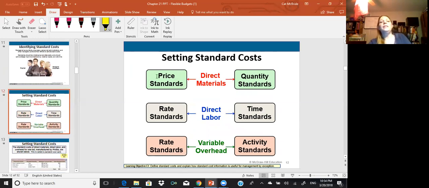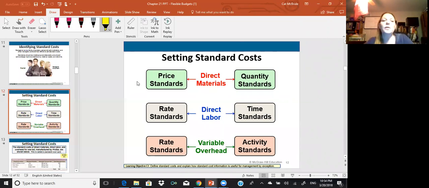Okay, so this is how we break it into, and we're going to spend the beginning of our next class on breaking the variance analysis into price versus quantity. So whether we're talking about direct materials, did we pay too much or did we use too much? Direct labor, did we pay too much or did we use too much? Variable overhead, did we pay too much or did we use too much?